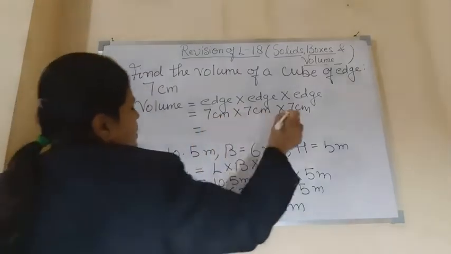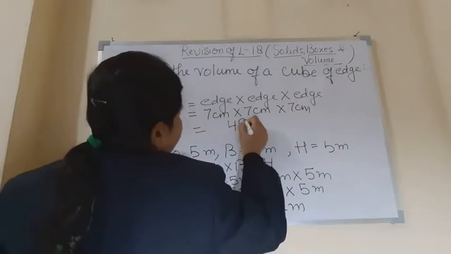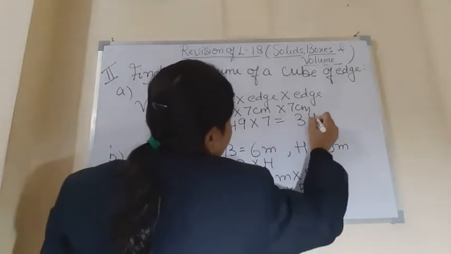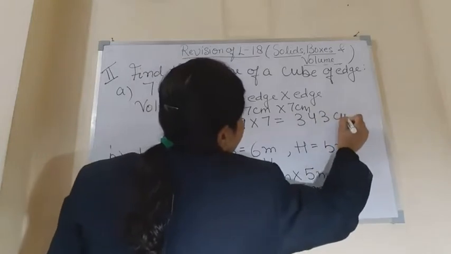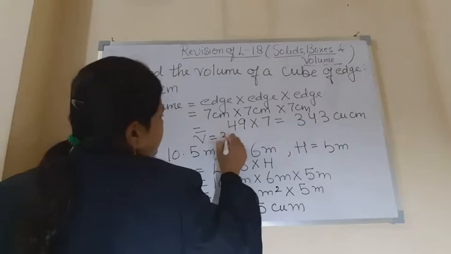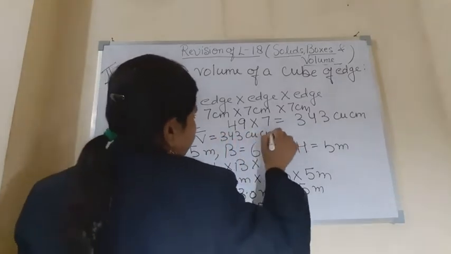If we just multiply the values, first we will multiply 7 by 7, we get 49. 49 multiplied by 7 is equal to 343 cubic centimeter. So the volume is equal to 343 cubic centimeter.